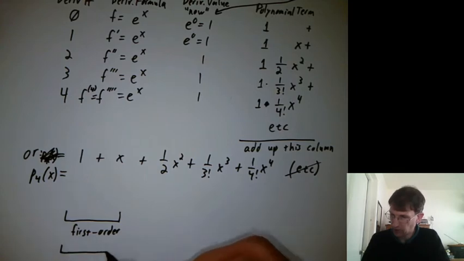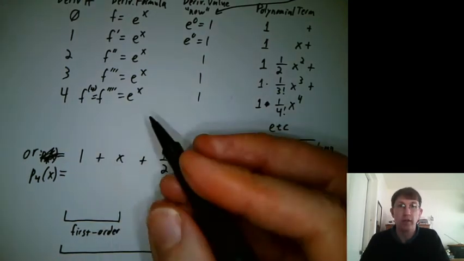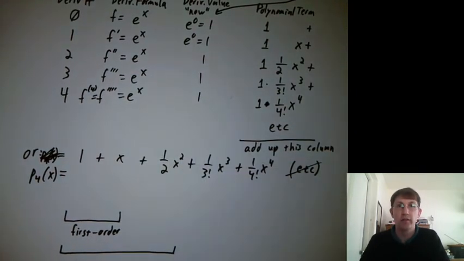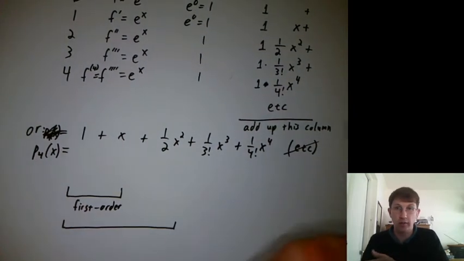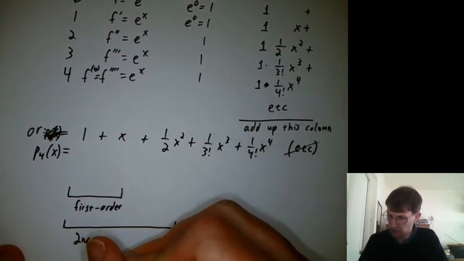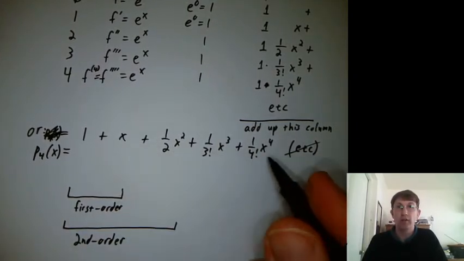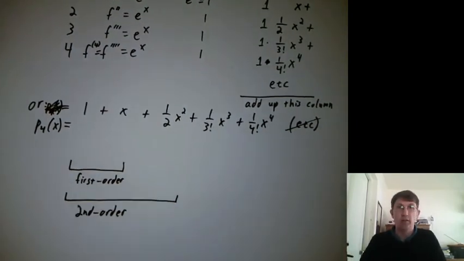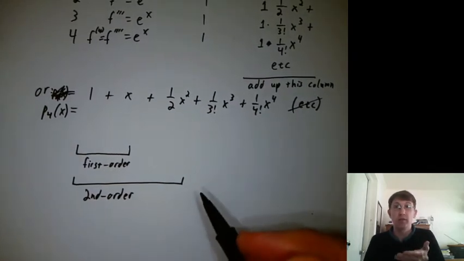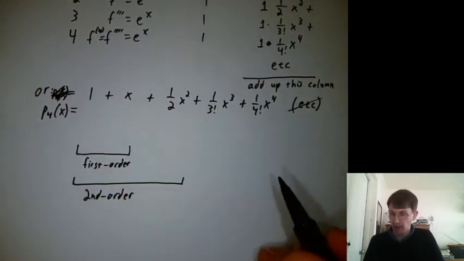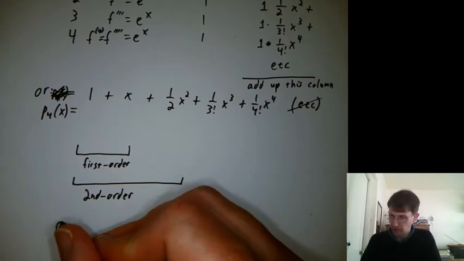If I took 2 derivatives, so the 0th derivative, the first derivative, and the second derivative, we'd call that a second order approximation, etc. So what we have here is a 4th order approximation. So order tells you how many derivatives you took to get this polynomial.